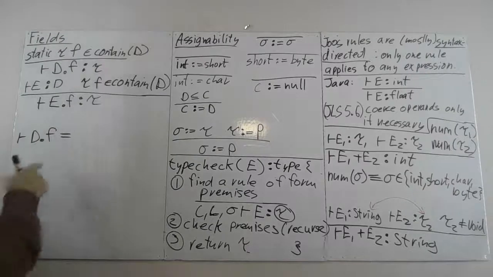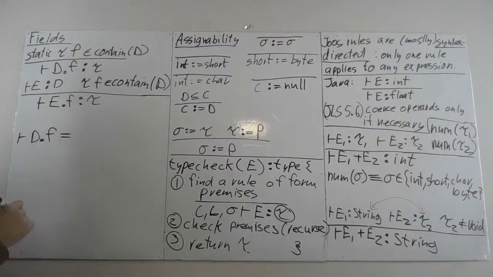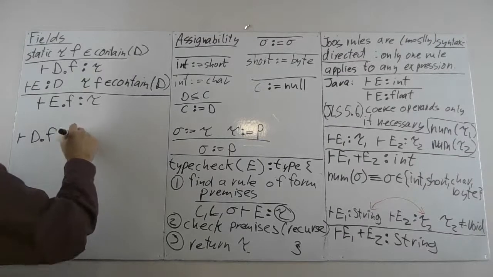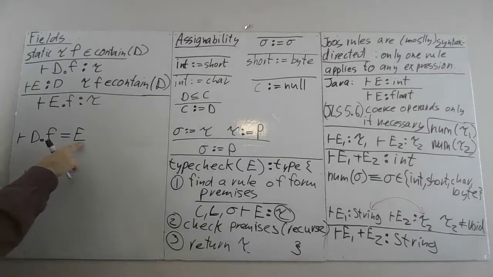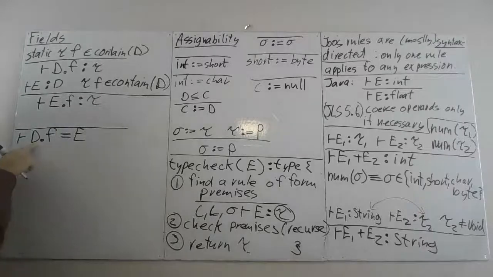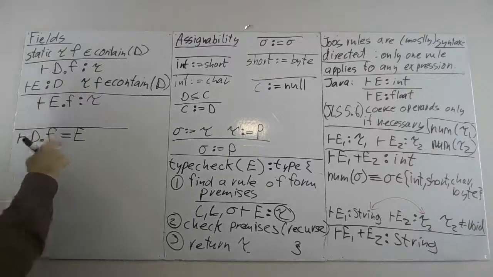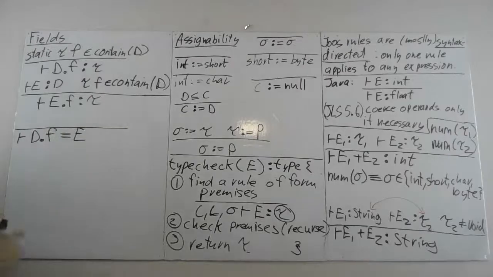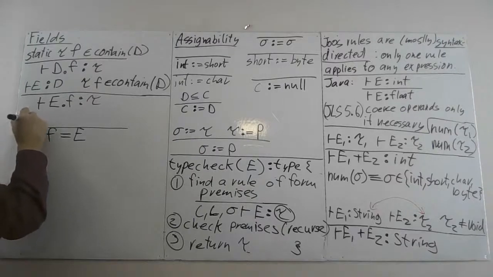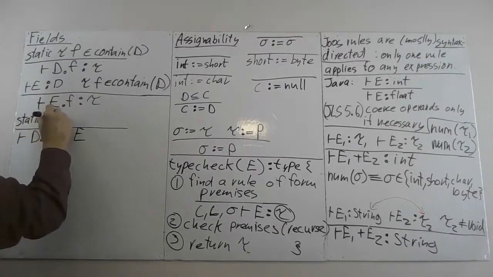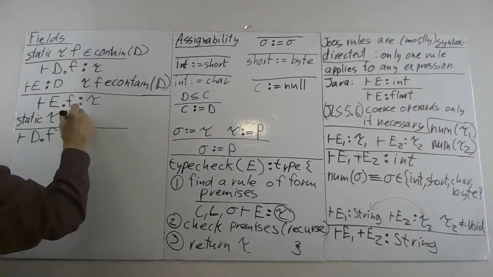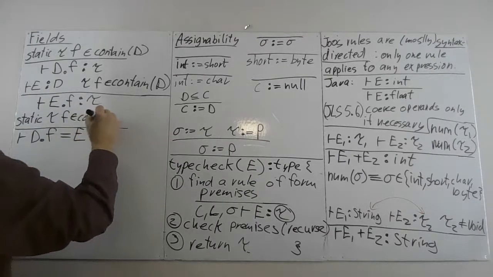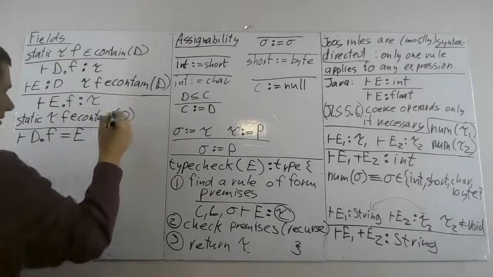In this case, it has a field expression on the left-hand side of the assignment, and we have some expression that we evaluate, and we're storing its value into field F of class D. Because, again, we're accessing F on a class, it has to be a static field. So we're going to look for the static field in class D as before: static tau F in the contain set of D.